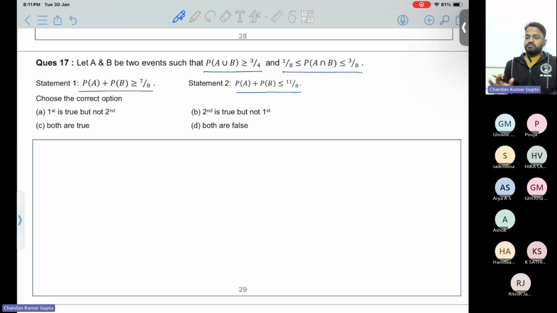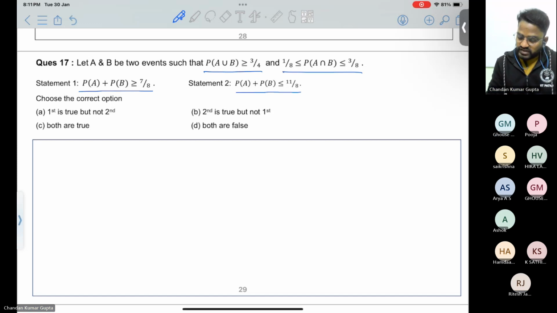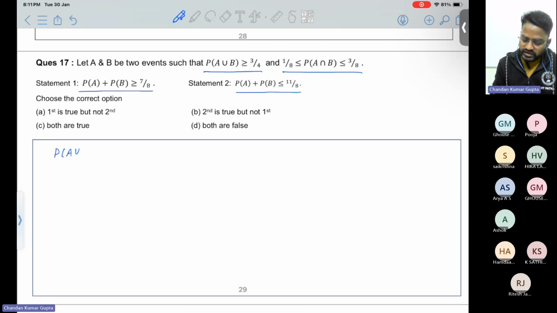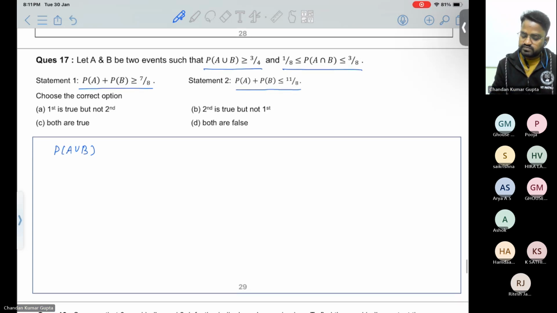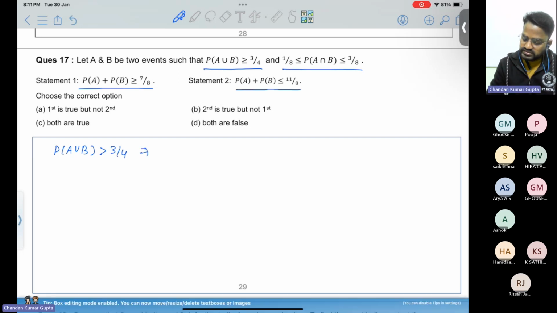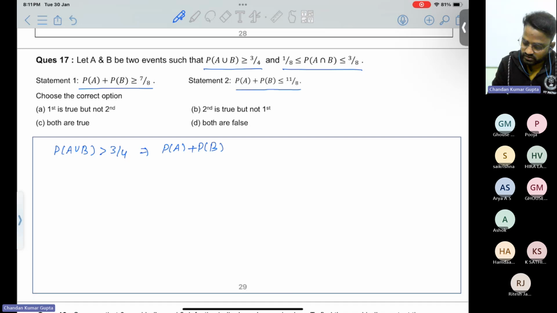Okay, let me, because we are dealing with A union B, A intersection B, A and B. So probability of A union B is greater than or equal to 3 by 4. This implies probability of A plus probability of B minus probability of A intersection B is greater than or equal to 3 by 4.